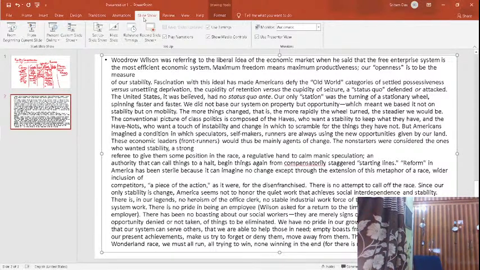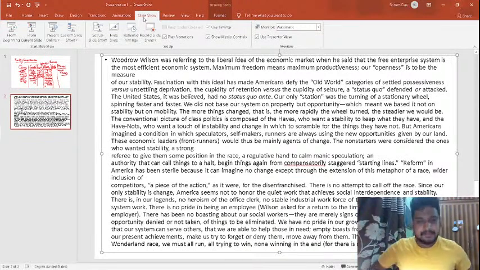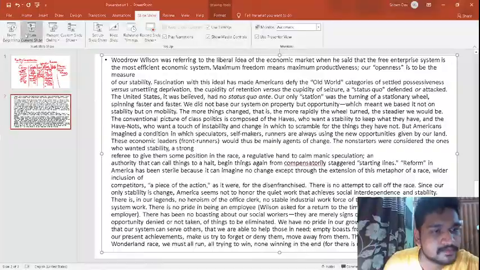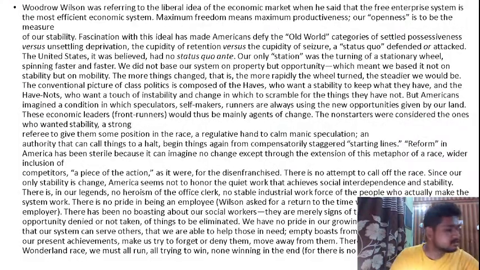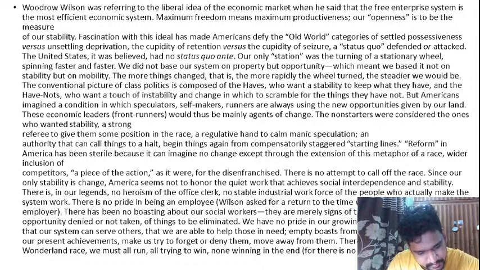I'll just switch. I want this passage from the current slide. Cool.